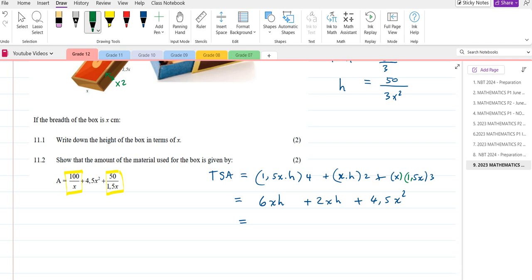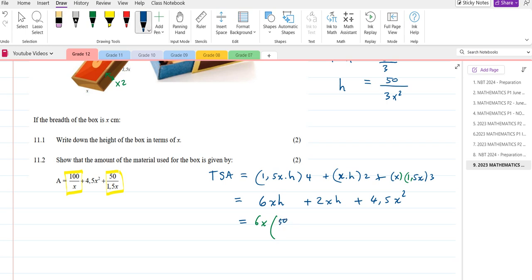So we got 6x times h. What is h? Those are like terms, guys. 6x times h, h is 50 over 3x squared. Let's simplify.